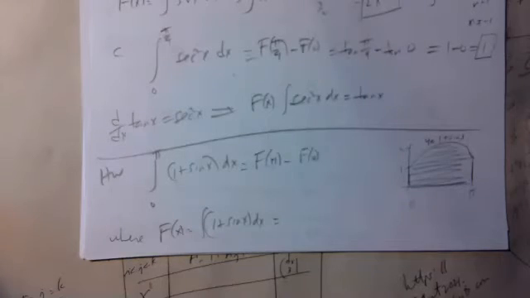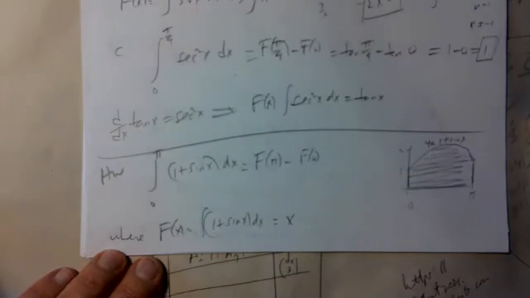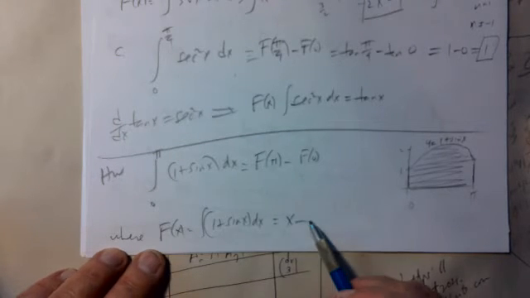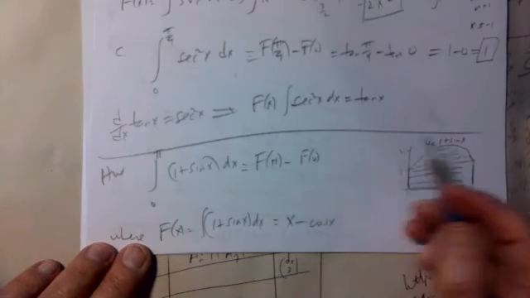X, Professor. X. And what's the antiderivative of sine x? Minus cosine x. Thank you. Minus. So the antiderivative is x minus cosine x.